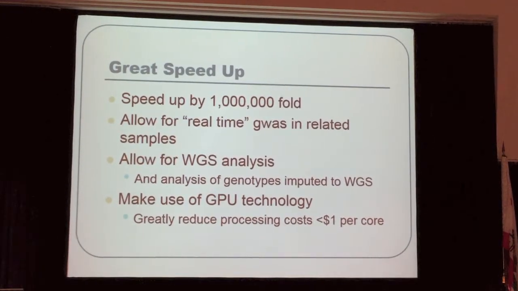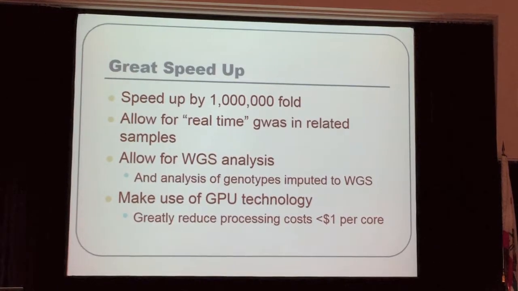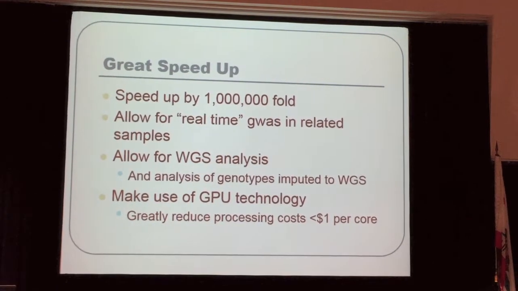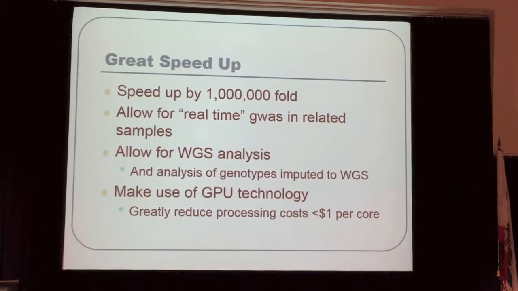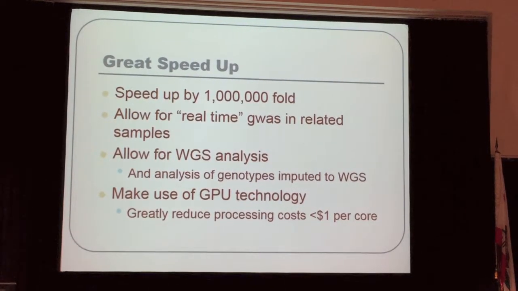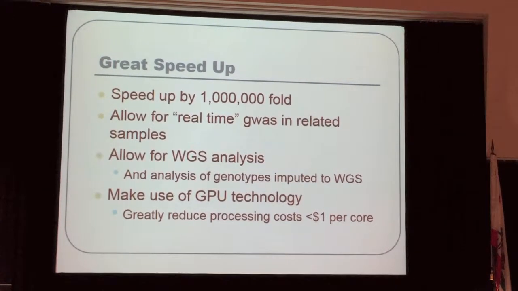It will make use of GPU technology, because this can greatly reduce parallel processing costs, since those GPU cards allow you to purchase processing capabilities at less than $1 per processing core.